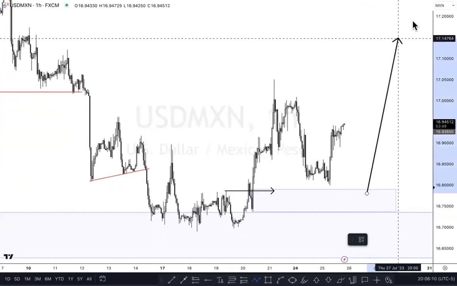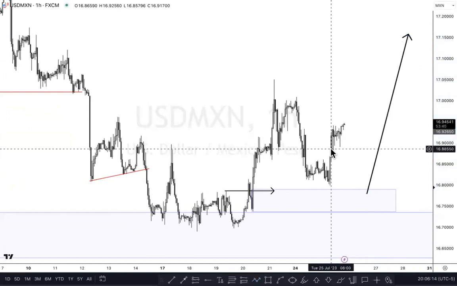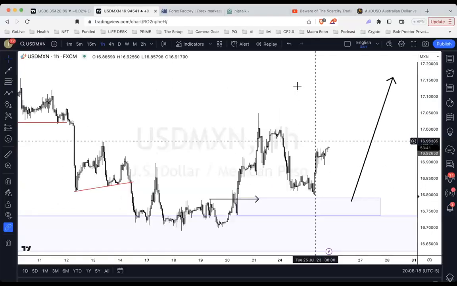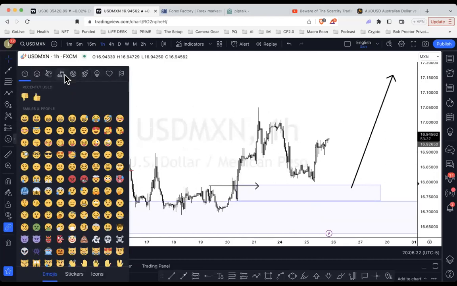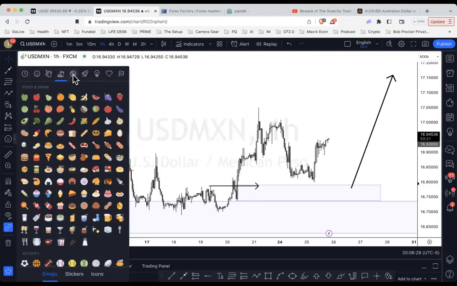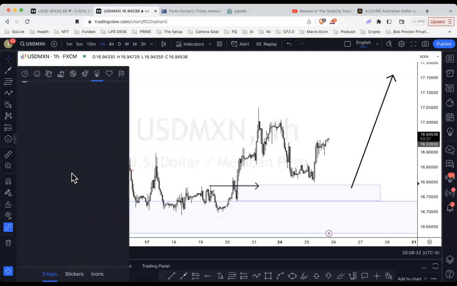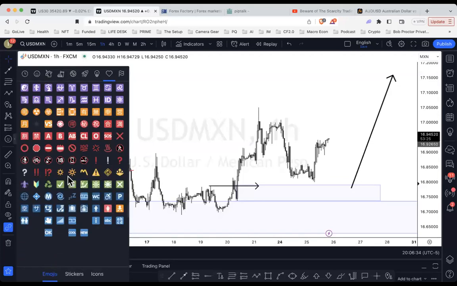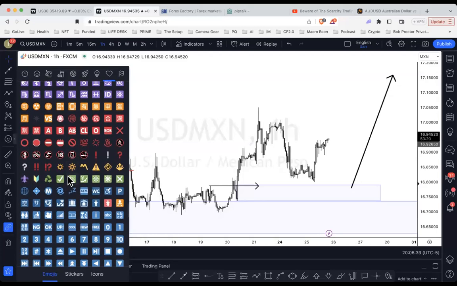Let me just draw this here. And then where's that moon? Get a little moon, some moon action here. Hold on. I'm getting there. This is a long one.